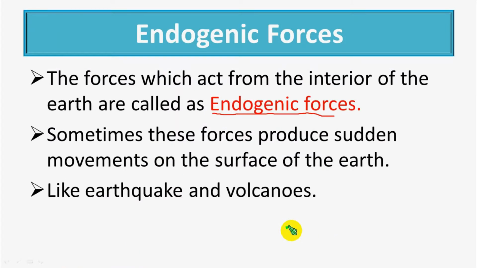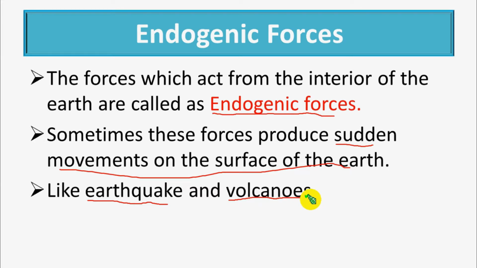Like I have told you, the endogenic forces are those forces which are applied from the interior of the earth. Due to these forces, sometimes sudden movement occurs on the surface of the earth, which we can see, and sometimes the lava erupts, and sometimes ash comes out from the volcanoes.